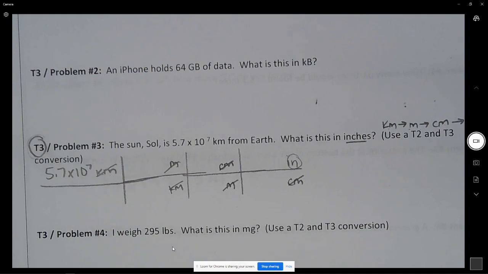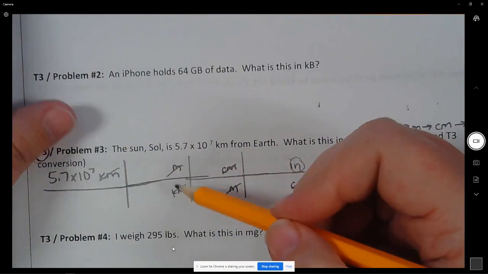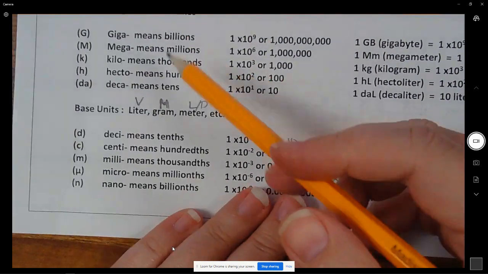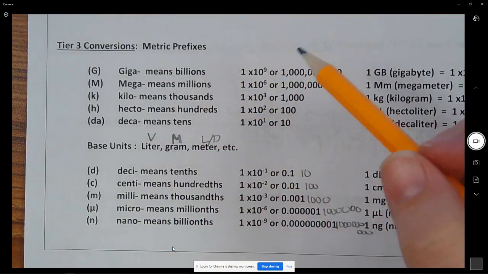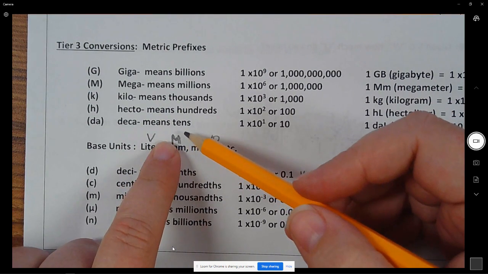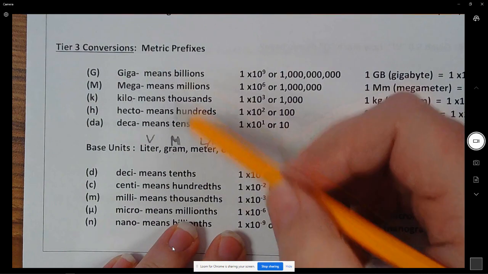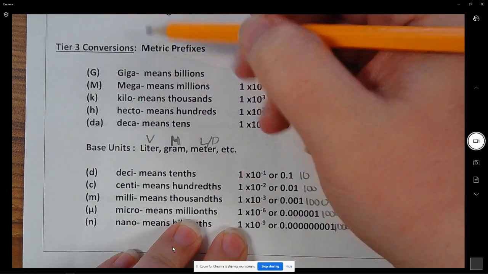Now I just have to fill in my conversion factors. My first conversion factor is meters and kilometers. This is a metric unit. Meters is smaller, kilometers is bigger. Whichever one is bigger gets bigger as you go up.